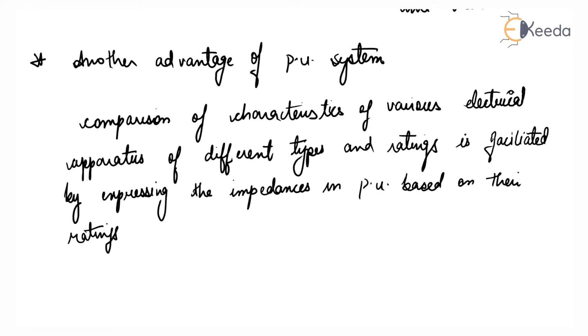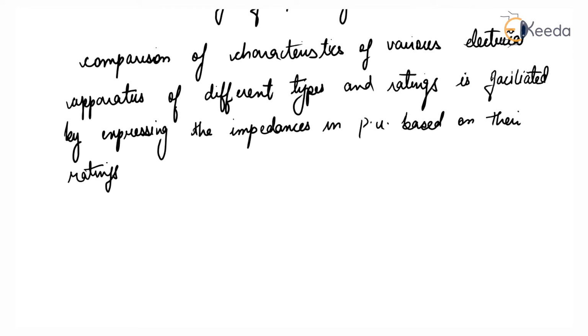Another advantage is that comparison of characteristics of various electrical apparatus of different types and ratings is facilitated by expressing the impedances in per unit based on their ratings. It means transformer, synchronous generator, line: you choose base quantities, so you can transform all these quantities into per unit values.